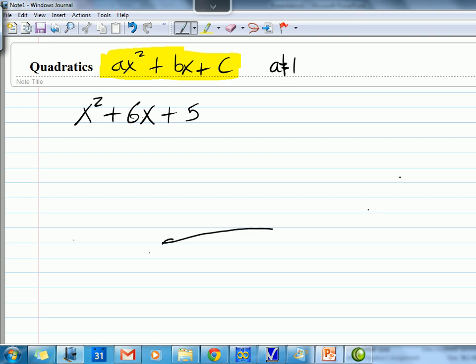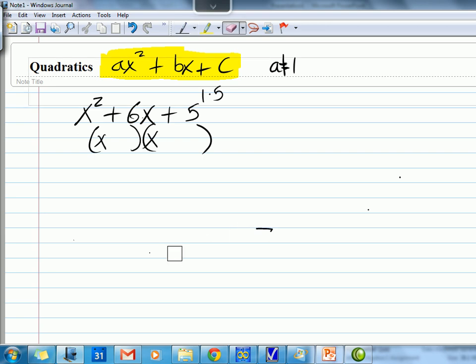Prime example, if we do this right here, obviously a equals 1 in this case. So say we factored this and got our two binomials. I list the factors that I'm going to use here. Since I have just a regular old x squared, x goes here and x goes here. Why? Because if I fold it back, x times x would give me x squared, right?